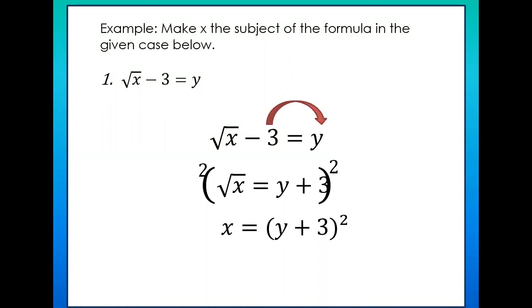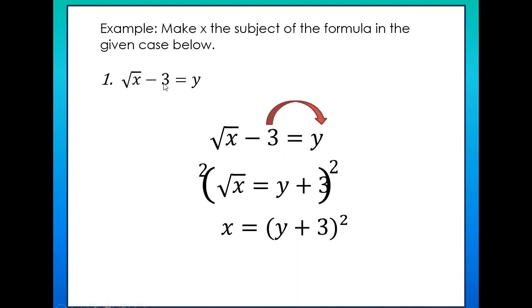Okay, so therefore this is now our answer from this general equation. We have x is equal to open close parenthesis y plus 3 squared. Hopefully you understand. Okay, so to sum it up, we transpose negative 3 to the other side because 3 here is not part of your x.